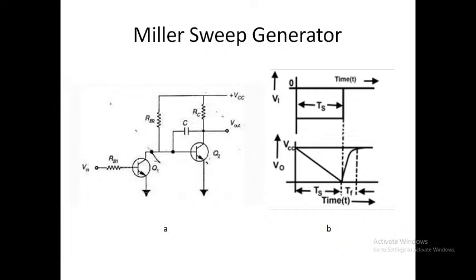The first type is the Miller sweep generator. This is the circuit diagram of the Miller sweep generator, and this is the input and output relation.